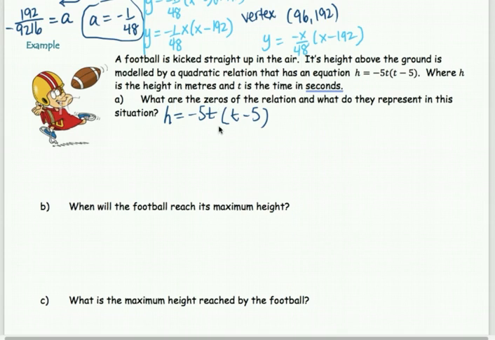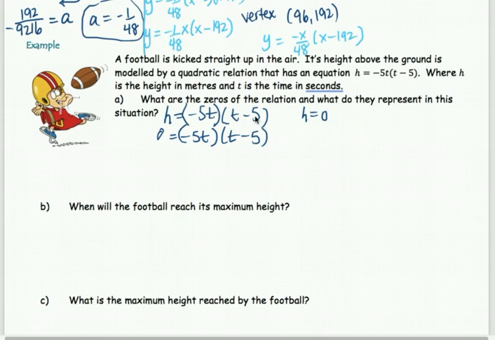Okay, so I'm going to show you, we're going to fall back to our old method here. So these are both factors. So you can think of it as like that is being multiplied to this, okay? And what are we allowed to do when we're trying to find the zeros? Well, we're going to make h equal to 0, okay? So when we do that, this will equal 0.